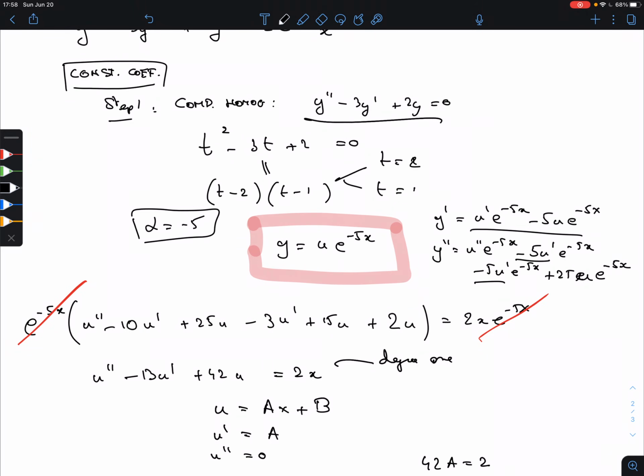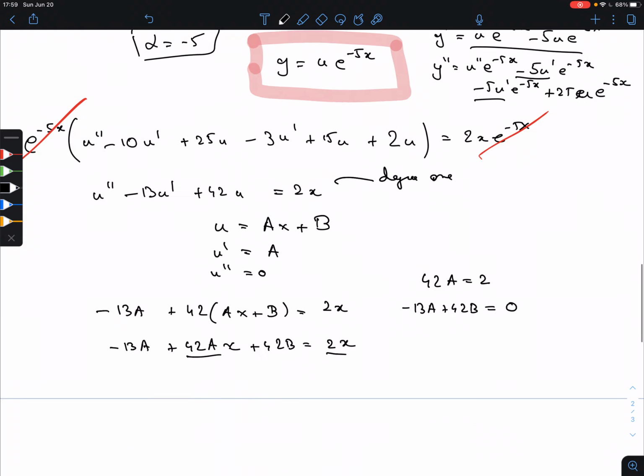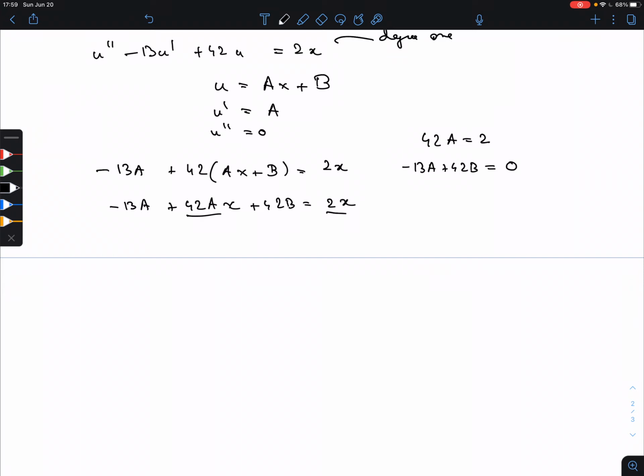There's a minus 3u prime. Let me quickly look at my notes. I think I didn't have two nice numbers.